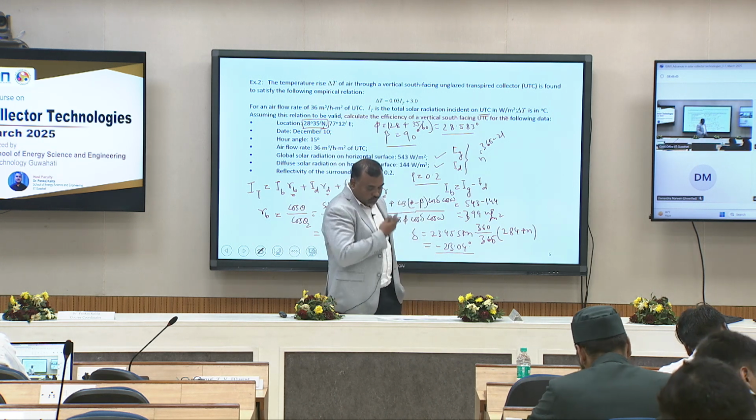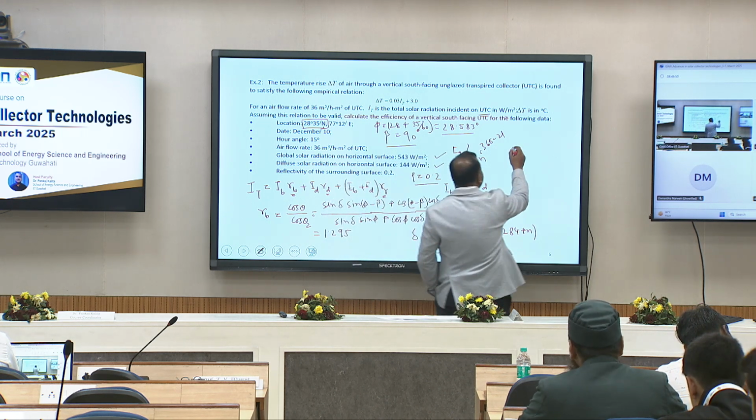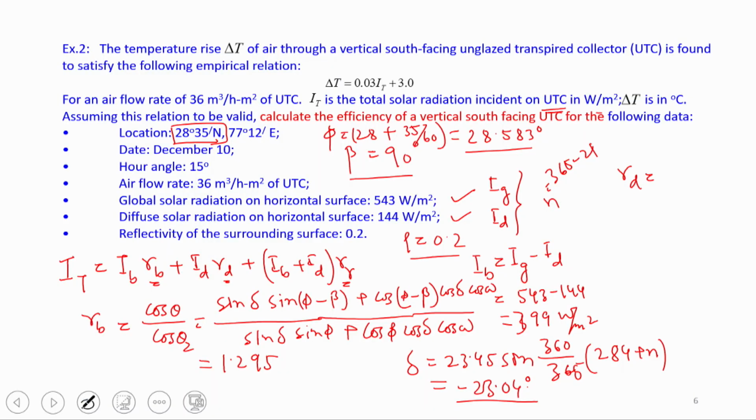Got it. So what is RD? You have RD as 1 plus cos of beta, the view vector with respect to the sky, right, and RD will be something like rho is the reflectivity, then 1 minus cos of beta by 2.